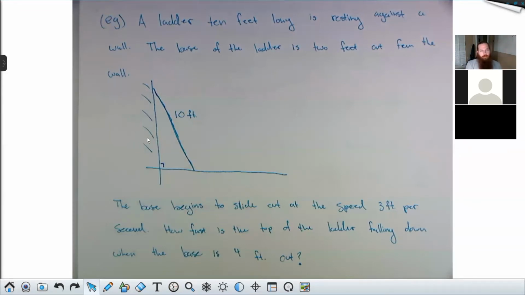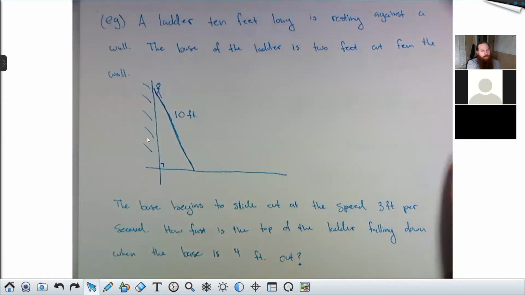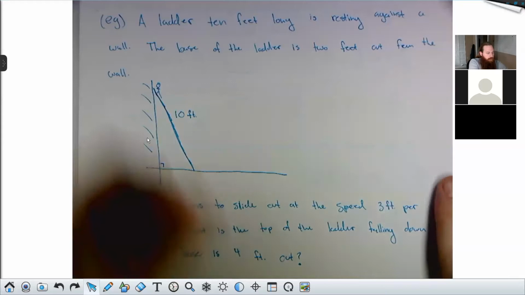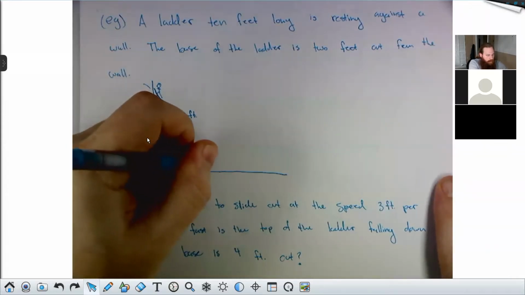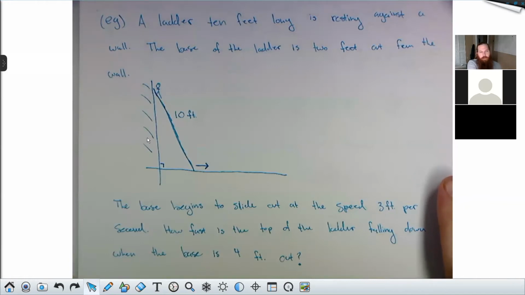Okay. So is it clear there's like a dude up here at the top of this ladder? He's doing some work. And the bottom of the ladder starts to slide out like this. I don't know if you've ever been on top of a ladder when something like this happens, but it's terrifying.